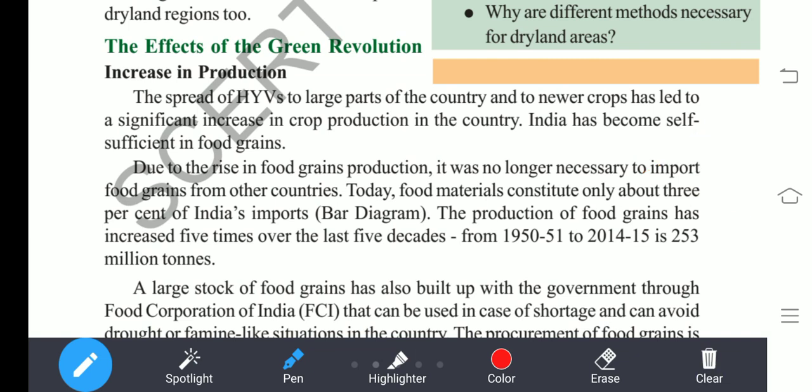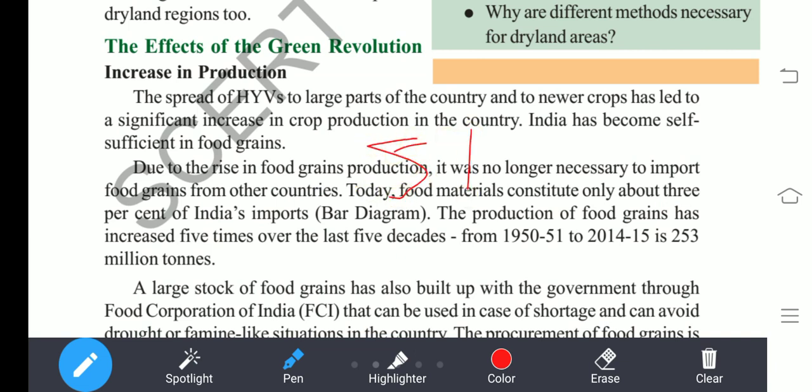Today in India, imports are only 3%. We see that only 3% is imported from other countries. And food grain production increased 5 times from 1950 to 2015.